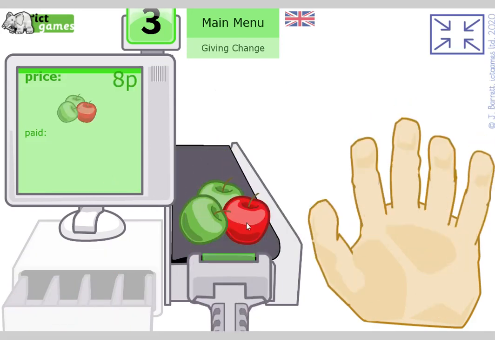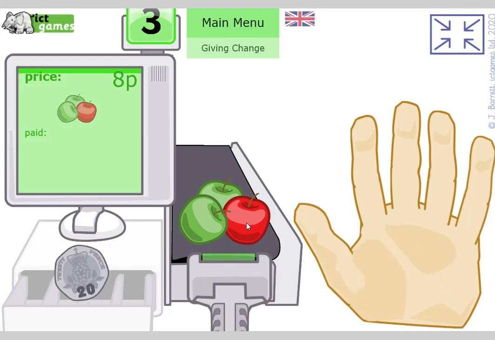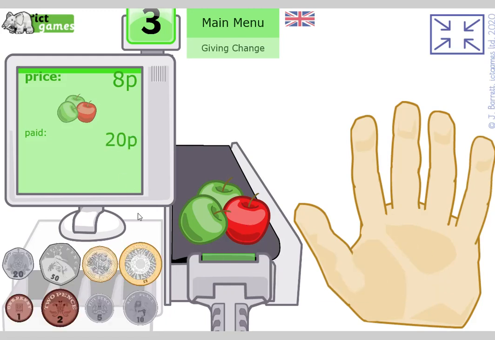Some apples? Right, 8p. Now, the apples only cost 8... They're seriously cheap apples. The apples only cost 8p. Okay? They've paid 20p and that's not fair. We've got to give them 20p's worth of stuff. Apples plus money to make up 20p. What could we do?